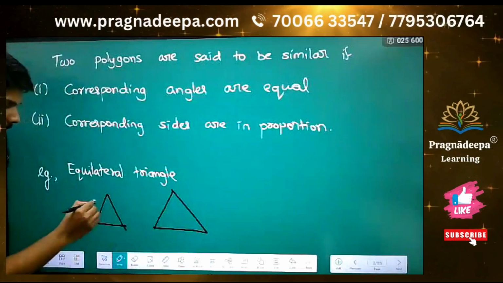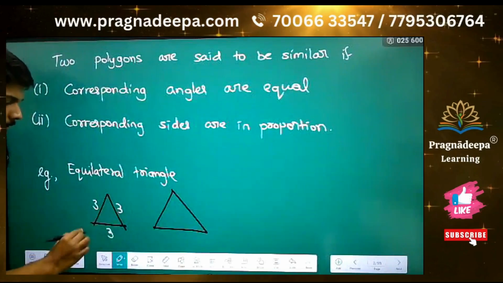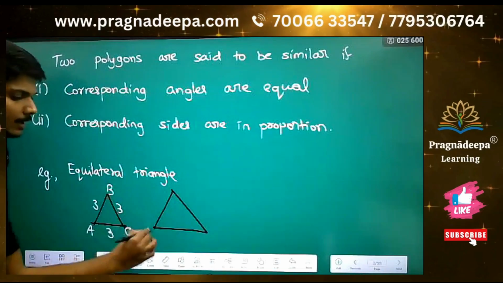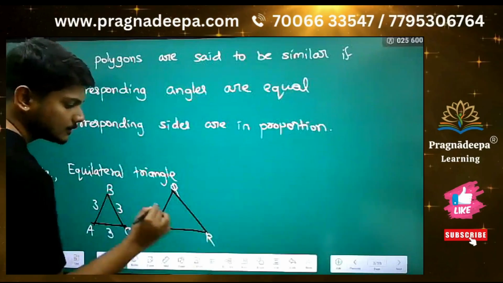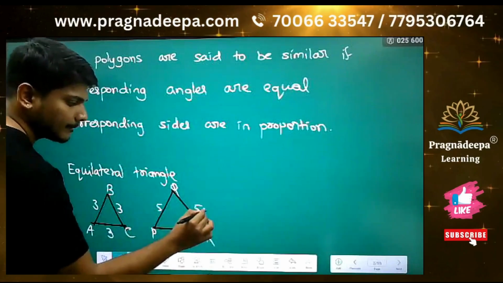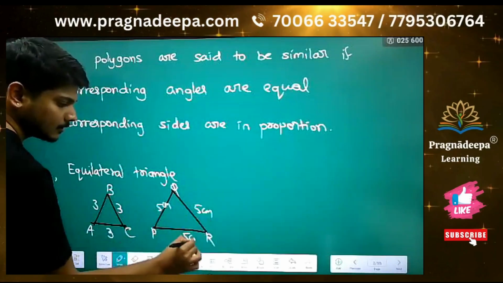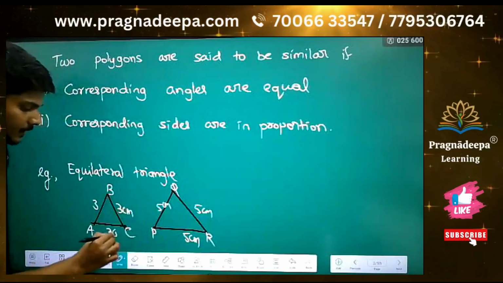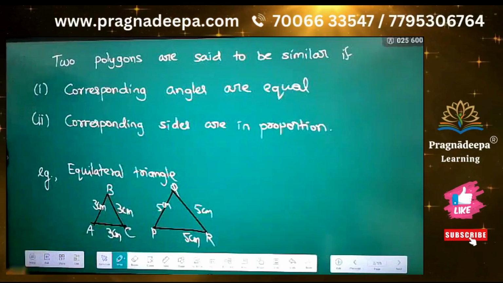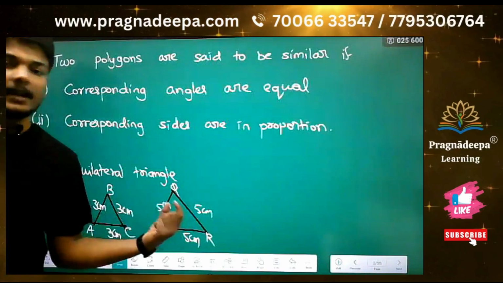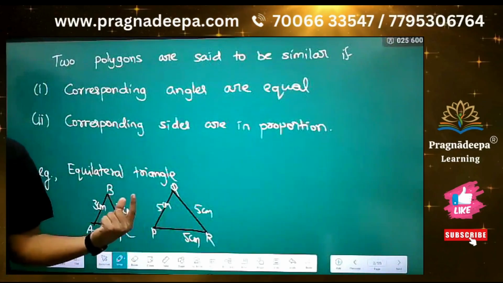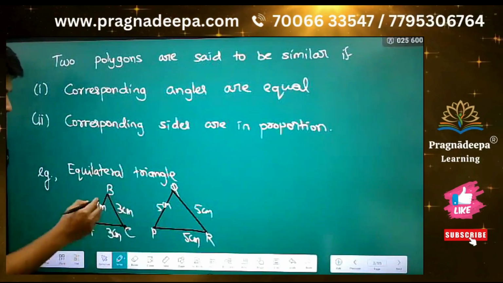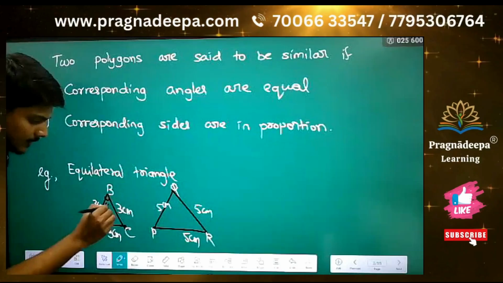So this is 3 cm. So equilateral triangle means all sides are equal, right? A, B, C. And another one is PQR, with each side 5 cm. So this is the 3 cm triangle, that is the 5 cm equilateral triangle. And in an equilateral triangle, all the angles are equal to 60 degrees.